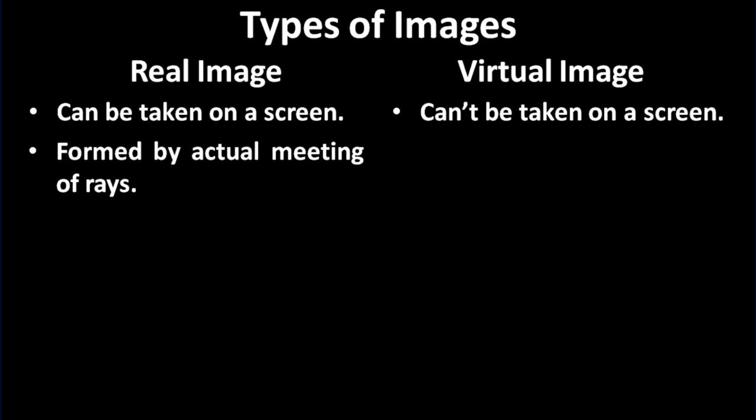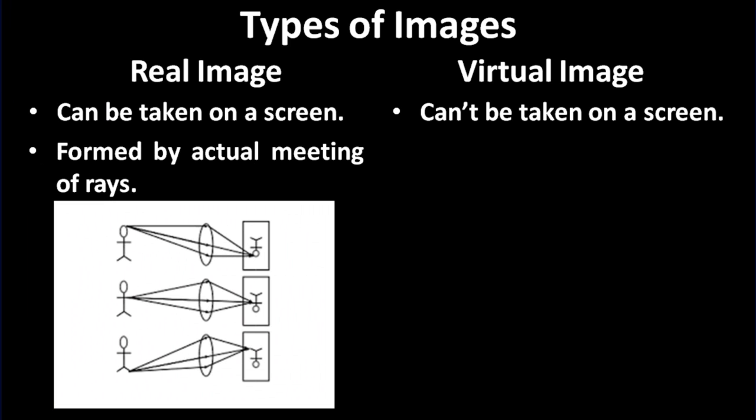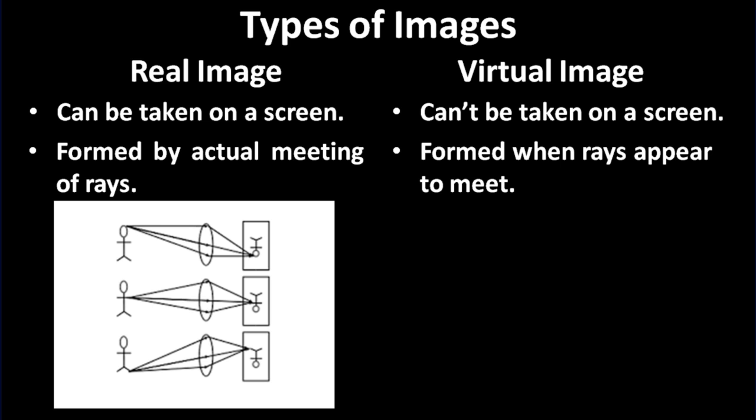The real image is formed by actual meeting of rays, or when the rays really meet. You see in this figure, the rays that pass through the lens are actually meeting at a point and the image is formed. A virtual image is formed when the rays appear to meet.